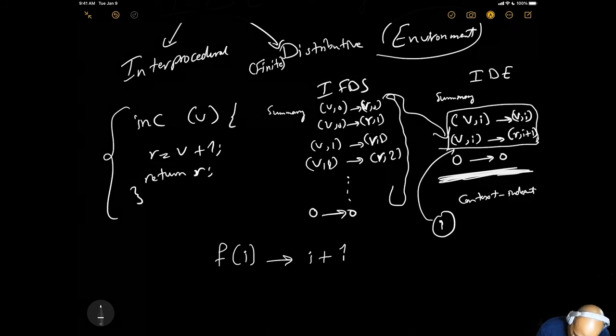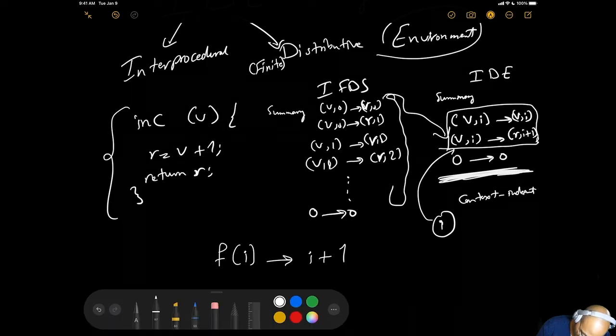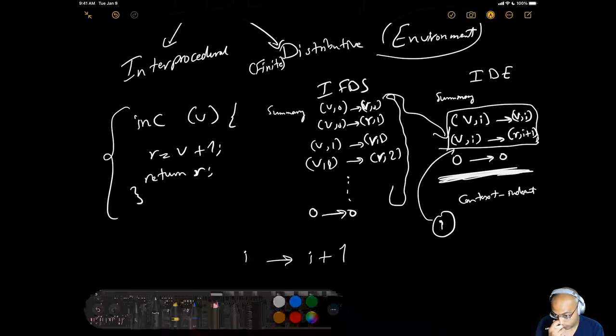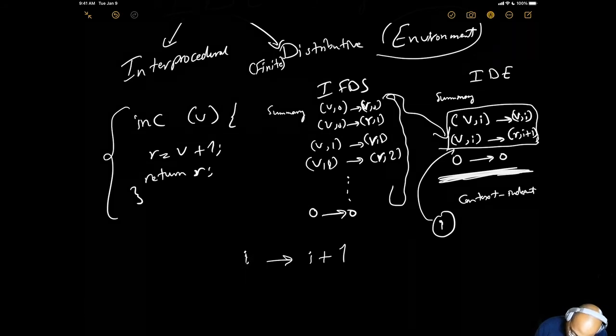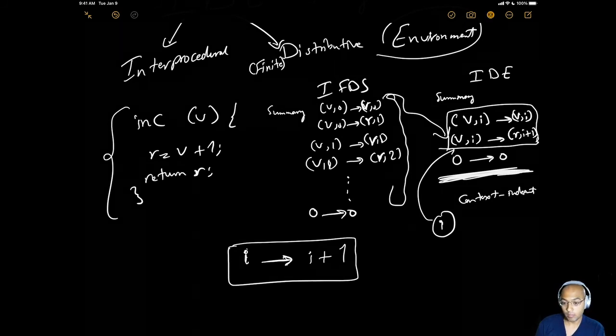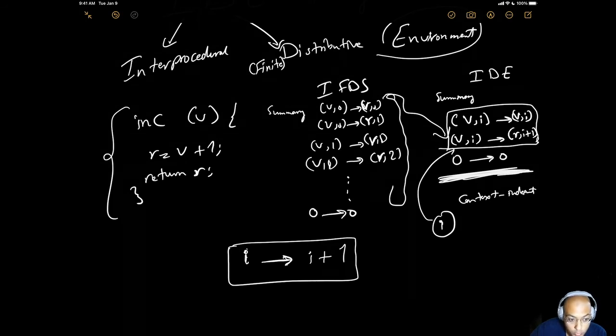So what if there is a way to define a function that does exactly that? Given an I, I'm going to return to you I plus 1. Then use that function to annotate the edge in the exploded supergraph, and then somehow come up with an algorithm that can solve for all those function applications.